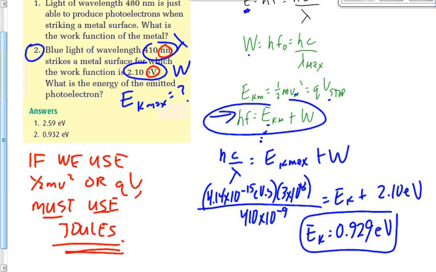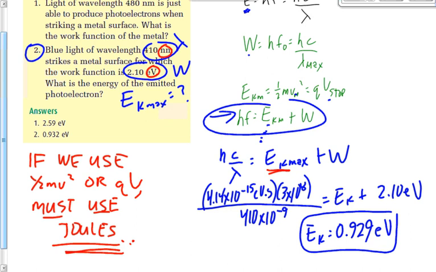We used EK max, right? We just didn't sub in 1/2 mv squared or QV stop. If we were looking for the maximum speed of the ejected electron or the stopping potential in this question, then we would have had to introduce QV stop or 1/2 mv squared, and then we would have had to use joules. Okay, if that confuses you at all, what should you do? If what I just said confuses you in the slightest, what should you always do? Just use joules, because it always works, right?